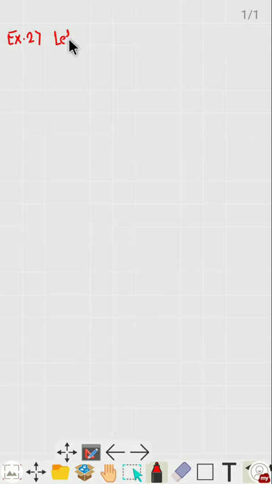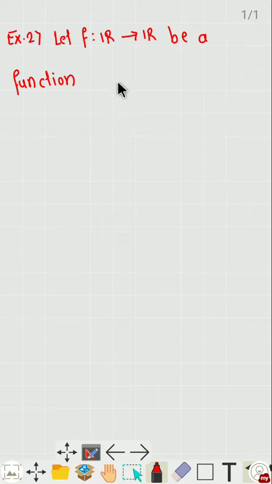Let f from R to R be a function defined as f of x is equal to x raised to the power n.